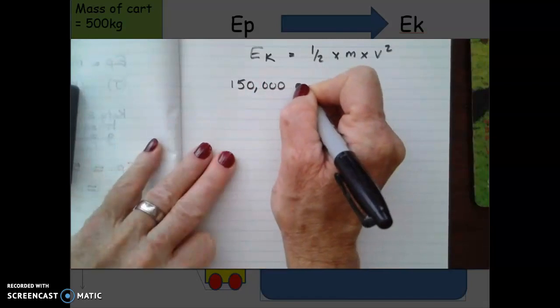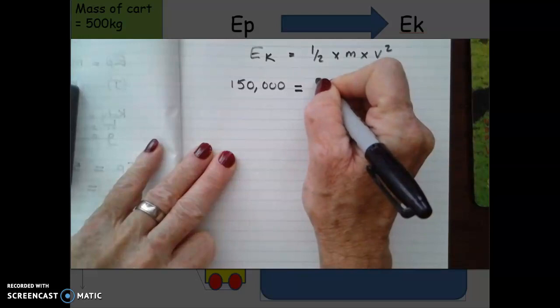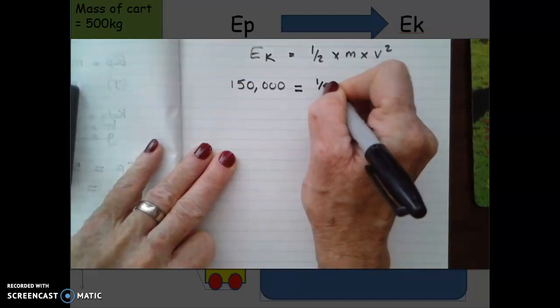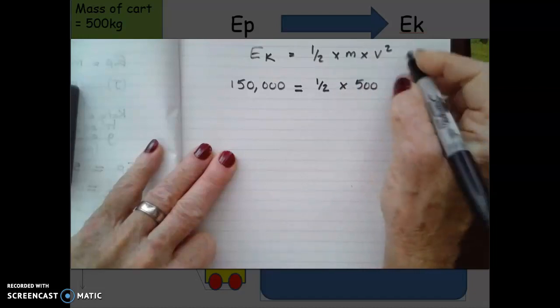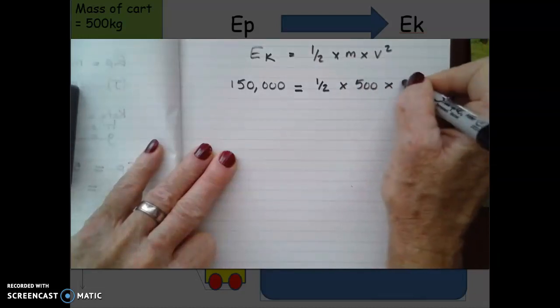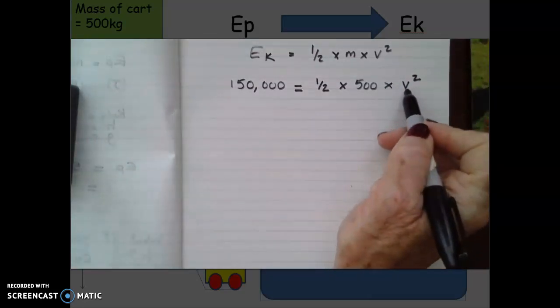It's the same as my gravitational potential energy was at the top. So I'm left with 150,000 equals a half times the mass of my cart, which was 500 kilograms, times the velocity squared, and that's what I'm trying to find. I'm trying to isolate that.